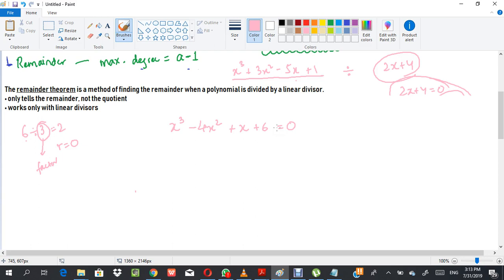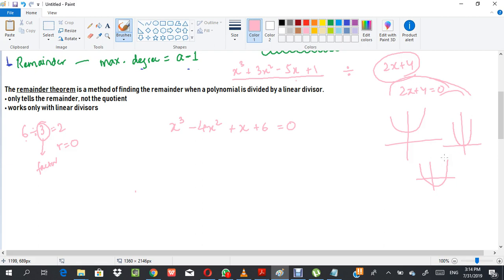In quadratic equations, we had either no solutions, or one solution, or two solutions. In cubic equations, we can have a maximum of 3 solutions and a minimum of 1 solution.